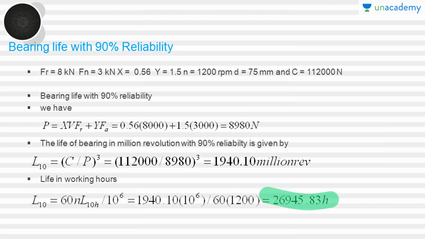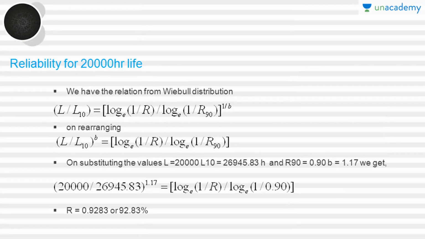Next we have to find the reliability for 20,000 hours of life. As you would expect, for 20,000 hours of life the reliability is more than 90%. For this we have to use the relation between the rating life of the ball bearings and the life of ball bearings which has a reliability other than 90%.